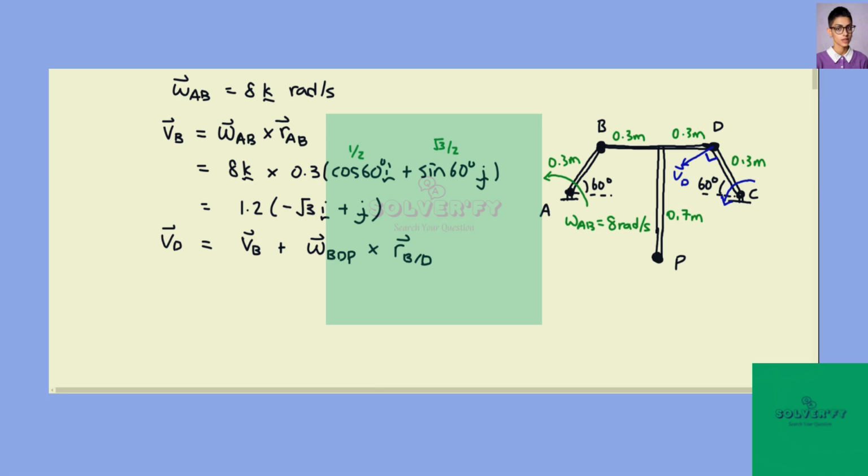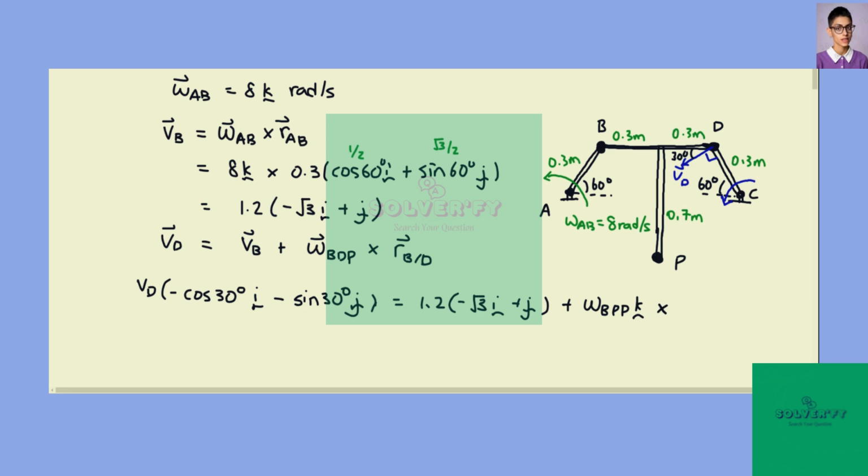So we have BD, this is 30 degrees. So we have minus cosine 30 degrees i minus sine 30 degrees j is equal to VB, which is 1.2 minus root 3 i plus j, plus omega BDP in the k direction cross RB.